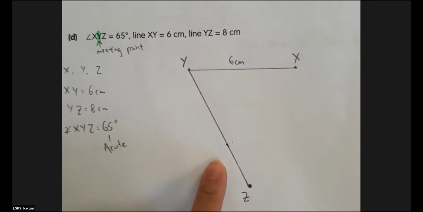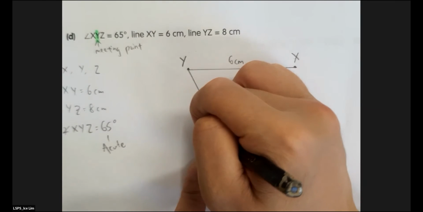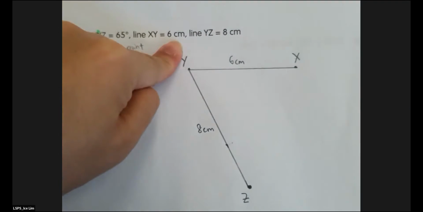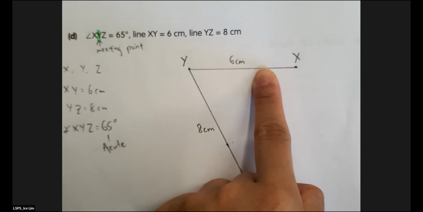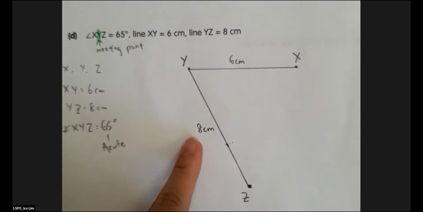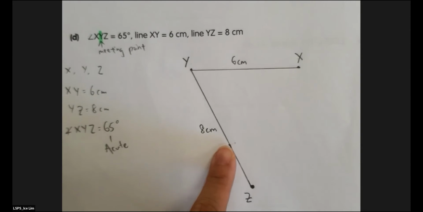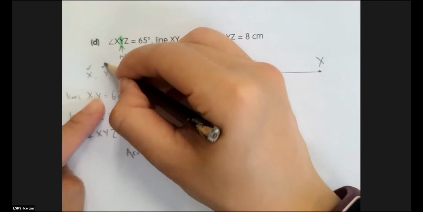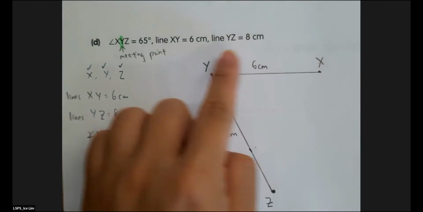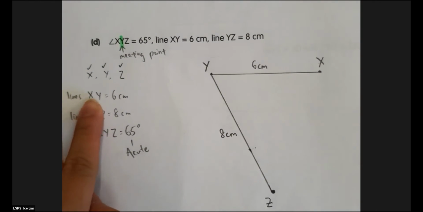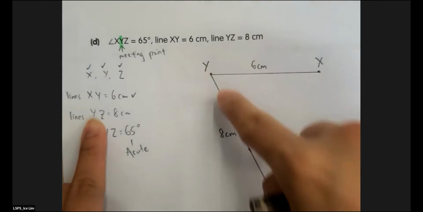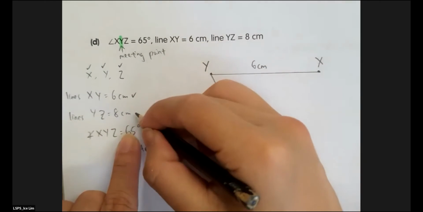How long is it? It's supposed to be 8 centimeter. Do you write down 8 centimeter? XY, 6 centimeter, capital letters. YZ, capital letters, 8 centimeter. So point X is done, point Y is done, point Z is done. Line XY is labeled 6 centimeter. Line YZ is 8 centimeter.